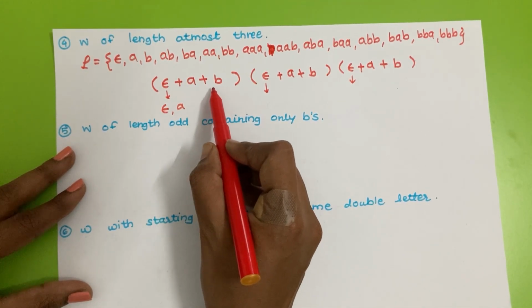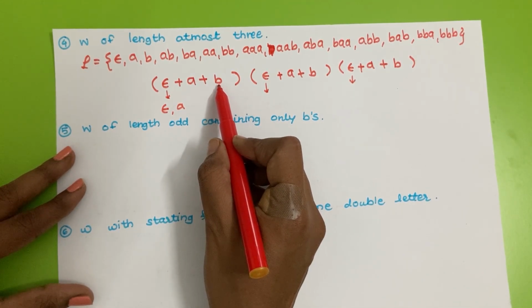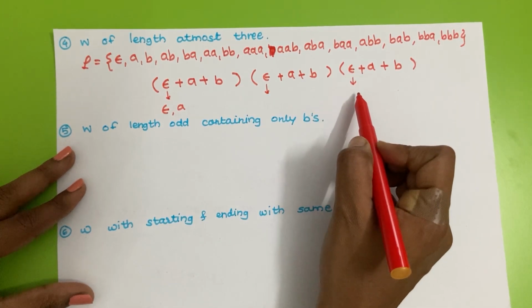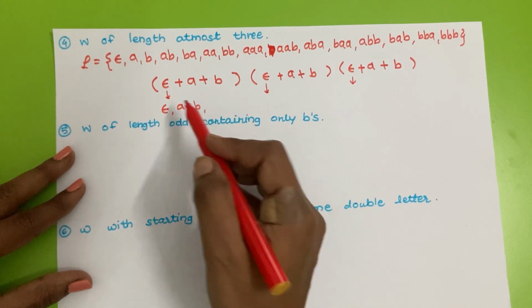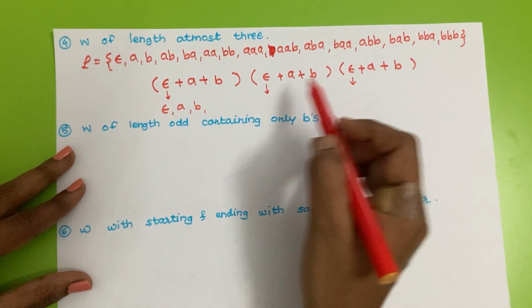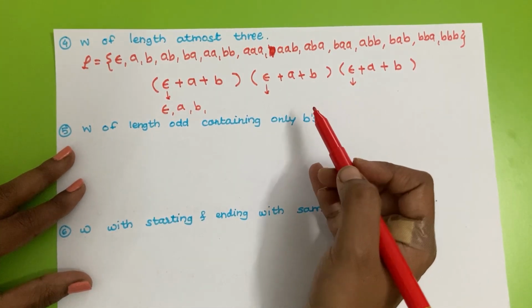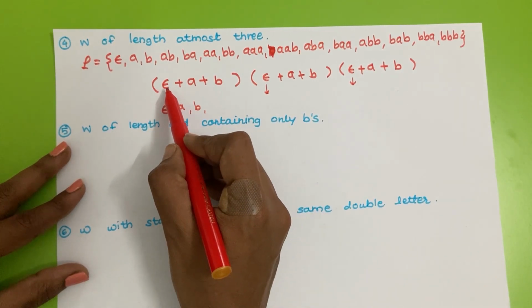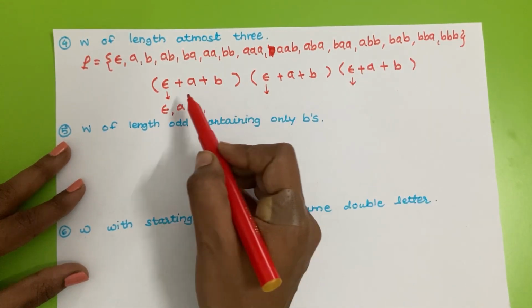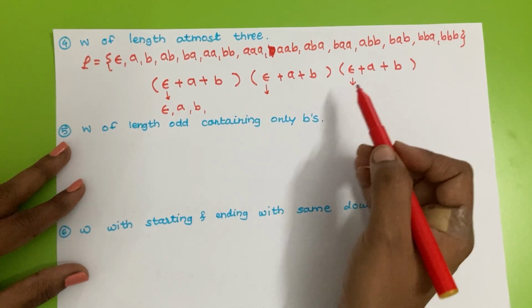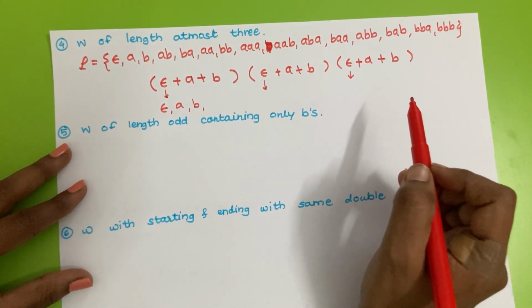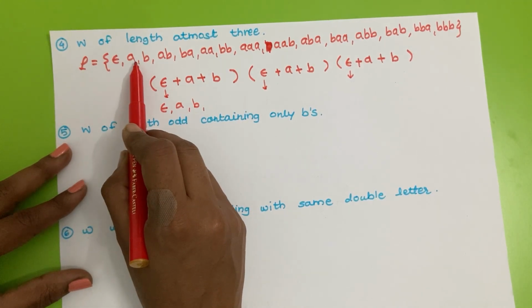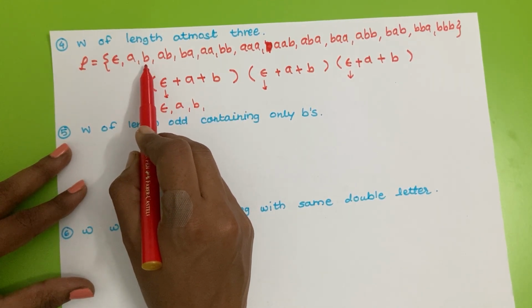Then if we take b from this bracket, empty, empty, this will accept a single b. Or it may be a combination like empty a, empty, or empty, empty b. It can be any combination with empty, so that will accept empty as well as a and single b.